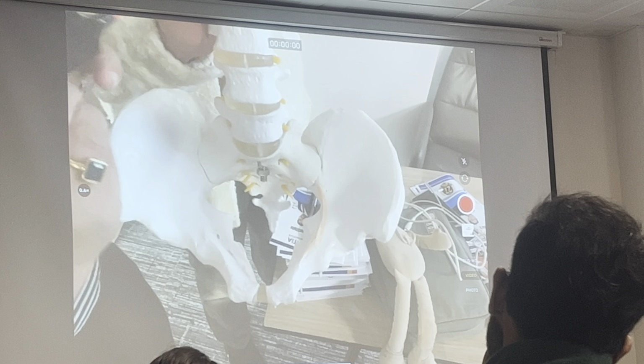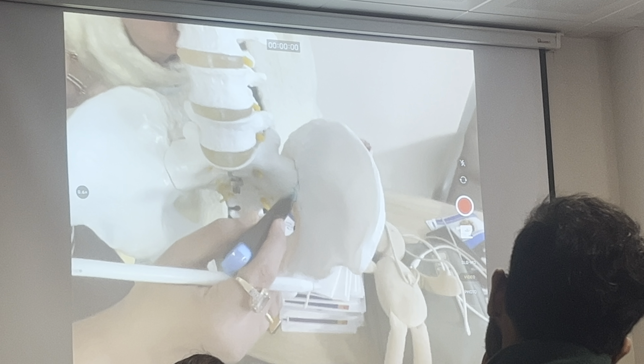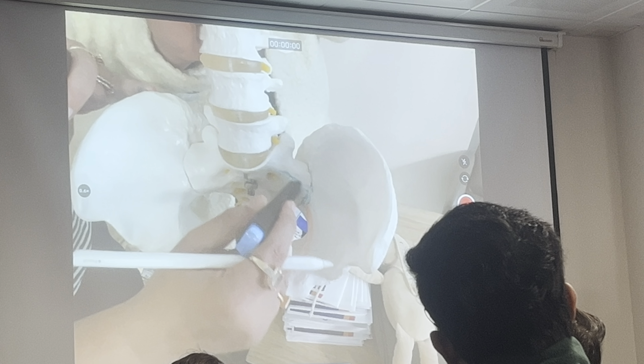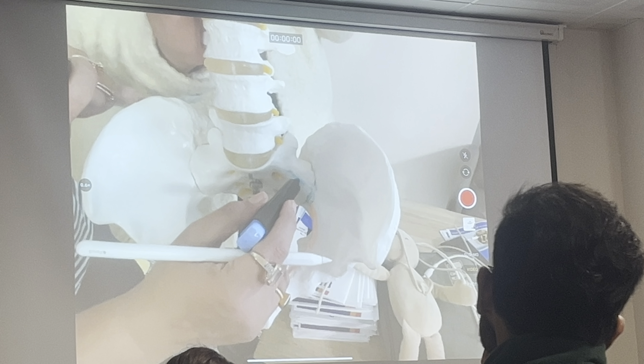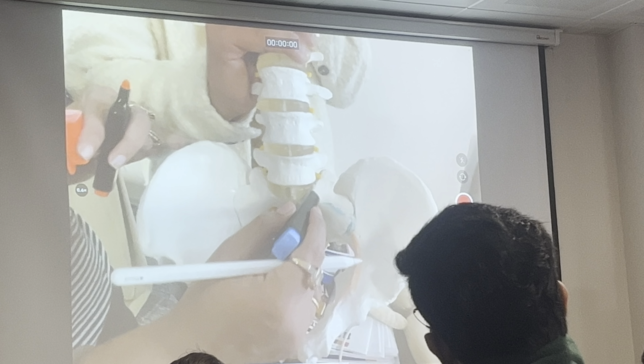Now this over here is the sacroiliac joint. This is called as the wing of the sacrum, that is the ala of the sacral bone, and then you have the sacral promontory.